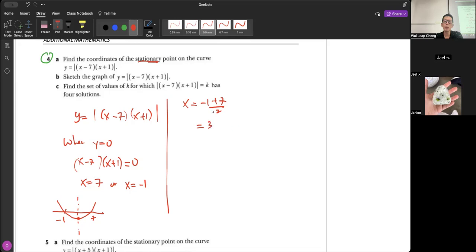When x is 3, what is y? You can put a modulus sign on top. So you take (3 minus 7)(3 plus 1). What is the coordinate of this point?